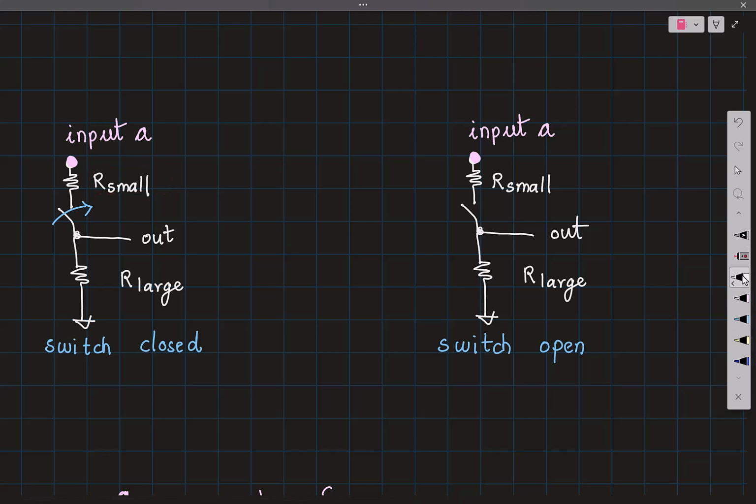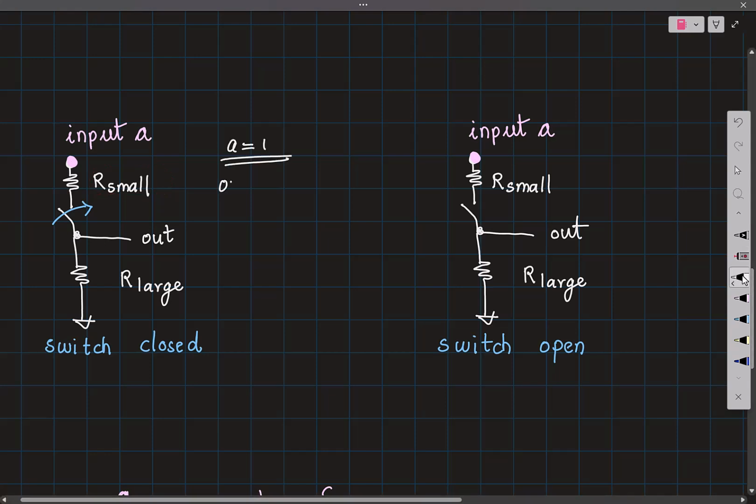Now when input A is equal to 1, can you tell me what is the output? So input A is 1 and this switch is now closed, which means this is now shorted. What would be the output? So when I say input A equal to 1, if it is easier for you, you can imagine this as being equal to supply. Then what would be the output?